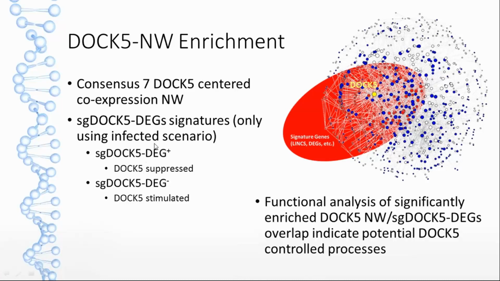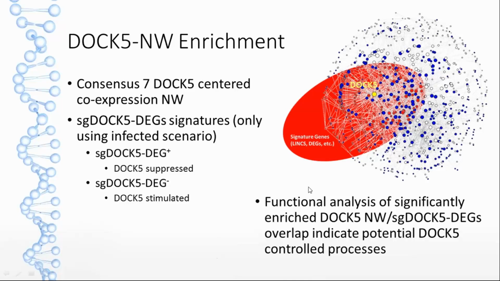So what's upregulated is actually suppressed, because I have a lower transcription rate in the wild type compared to the knockout, so that's why it's upregulated. The other way around is when I have a smaller expression in the DOC5 knockout compared to the wild type; actually DOC5 is assumed to stimulate these particular processes.